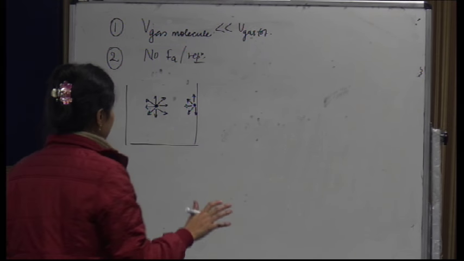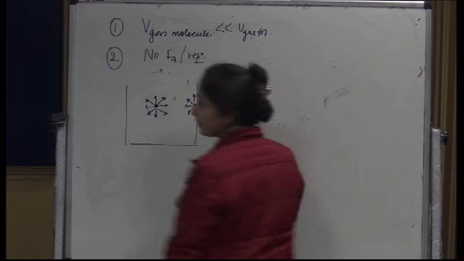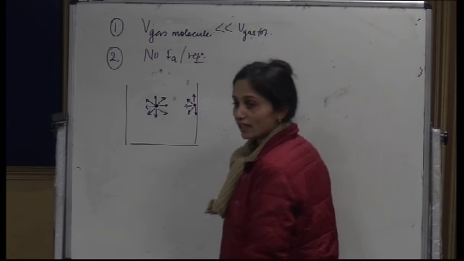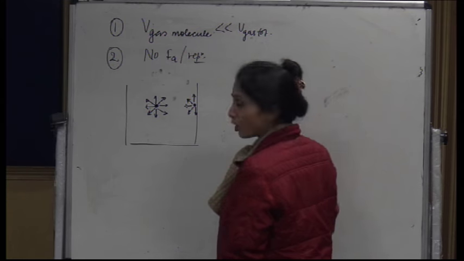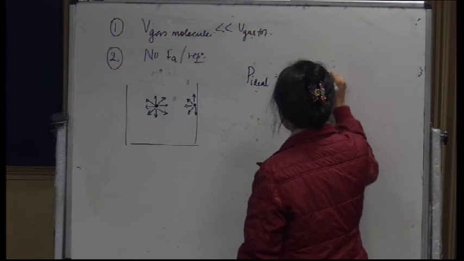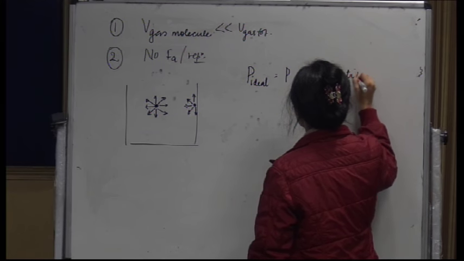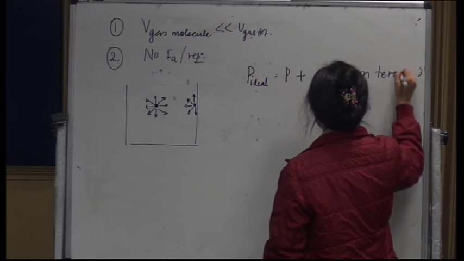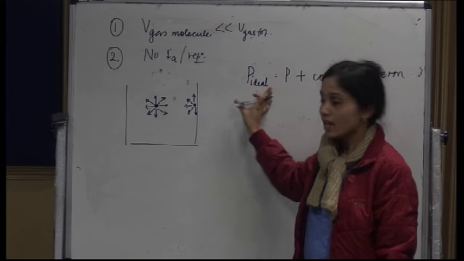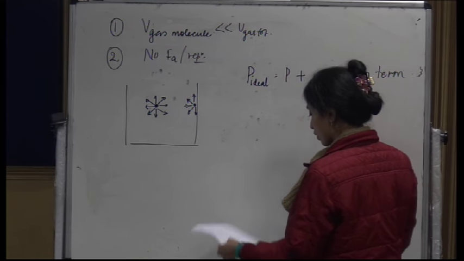So that means that my pressure, the ideal pressure, will be equal to the real pressure, because I will be substituting it, plus some correction term. Okay, because my real pressure is now less than my ideal. Now this correction term depends upon two factors.